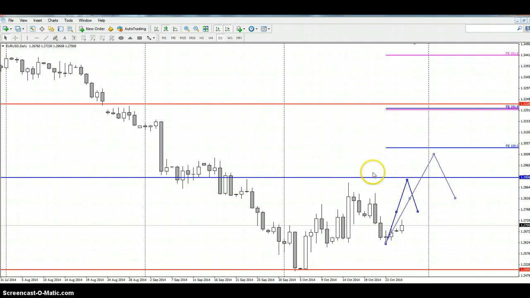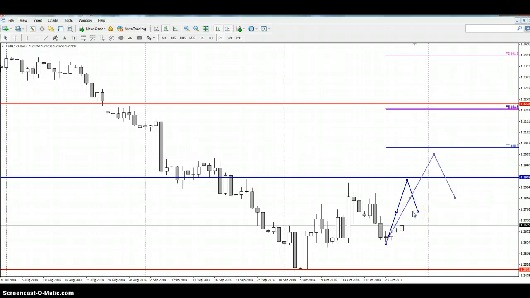So if it breaks that level here, there may be some congestions going on, and that would be either a sign that it's going to go back down and just following the range, or it could basically be the creation of a head and shoulder from that level of resistance here and the low that was created right here at 25, almost 25 figure.